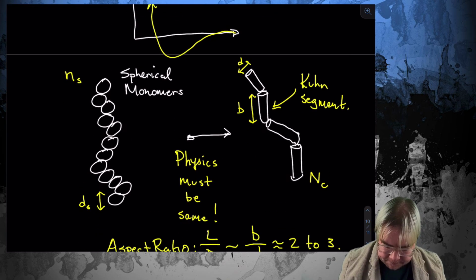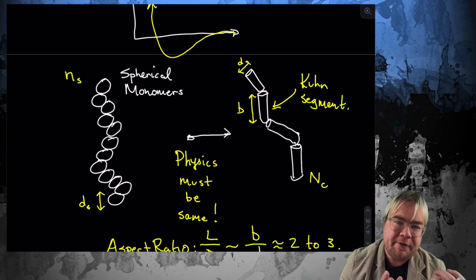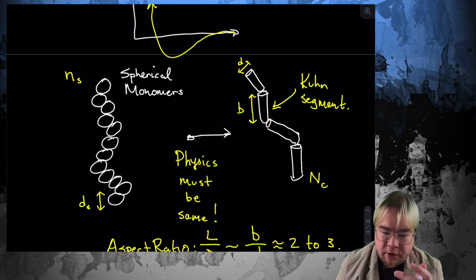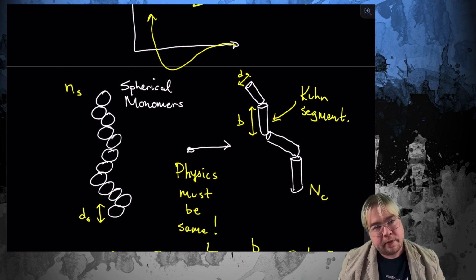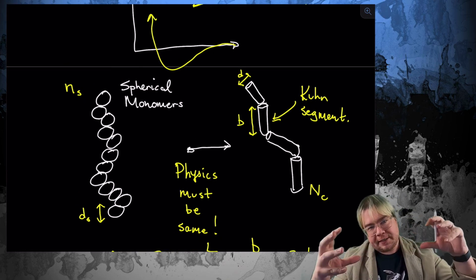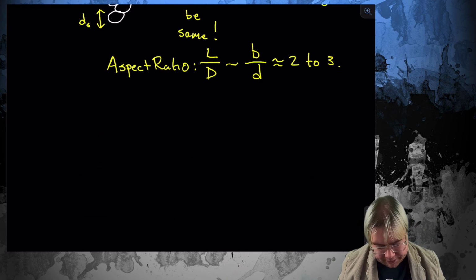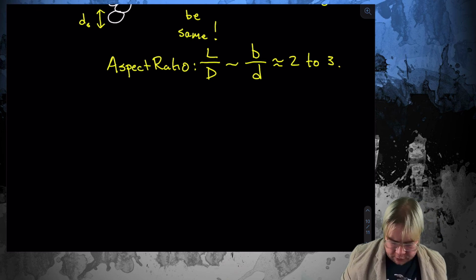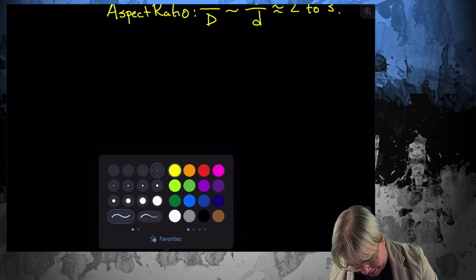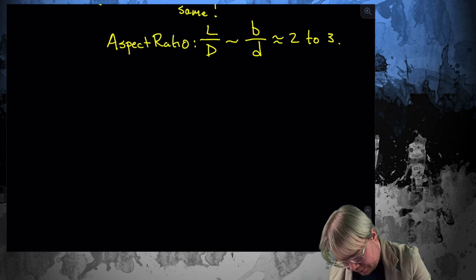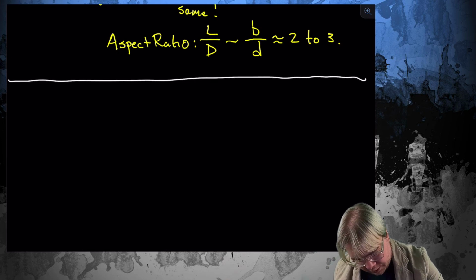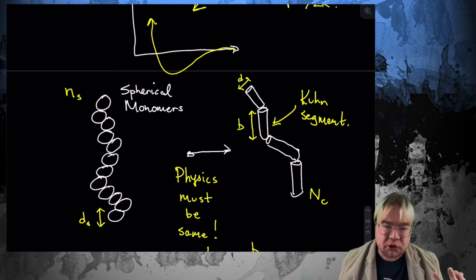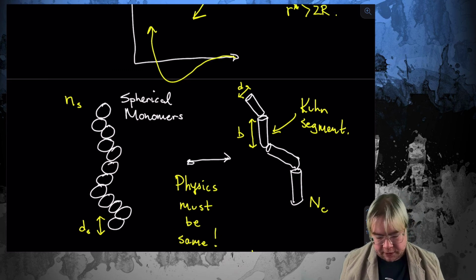Now the question is, if I describe my chain by these spherical monomers, if I can calculate the excluded volume, what does that mean for the excluded volume in this description where I've got these long segments? Well, we can try to connect the two a little bit. And so let's take one step back, because now if we're going to talk about interactions between things, we have this description of what this looks like, right?